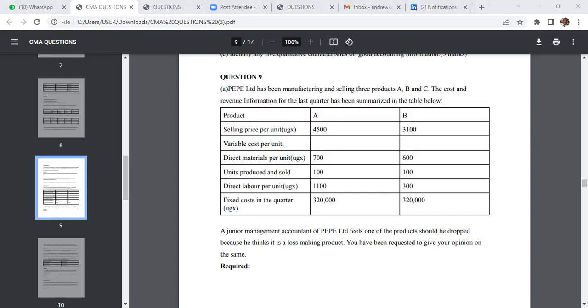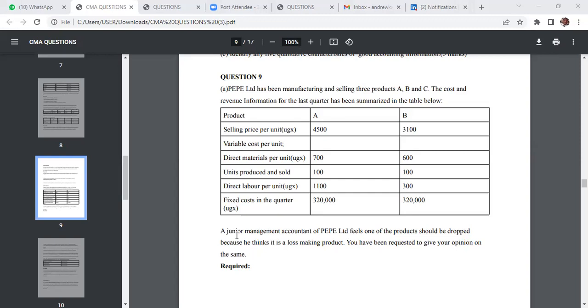So let me just do my worksheet again. You have product A and B. Then you have the selling price, I just use SP, selling price per unit.